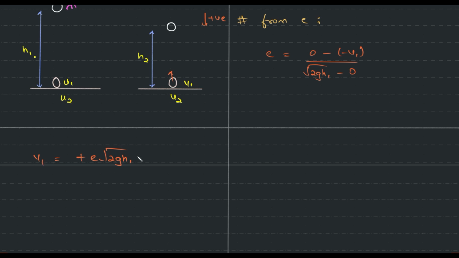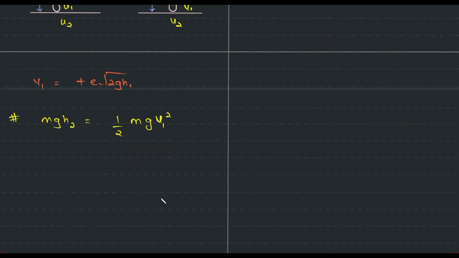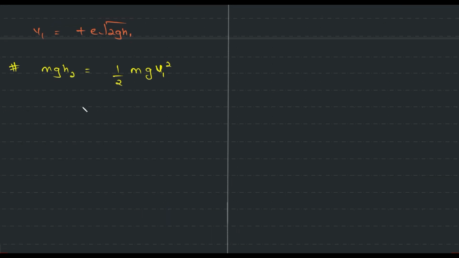Now, since I know the velocity, I'll be able to figure out the height. Same thing. So m g h2 has to be equal to half m v1 squared. Sorry, m v squared, not g.